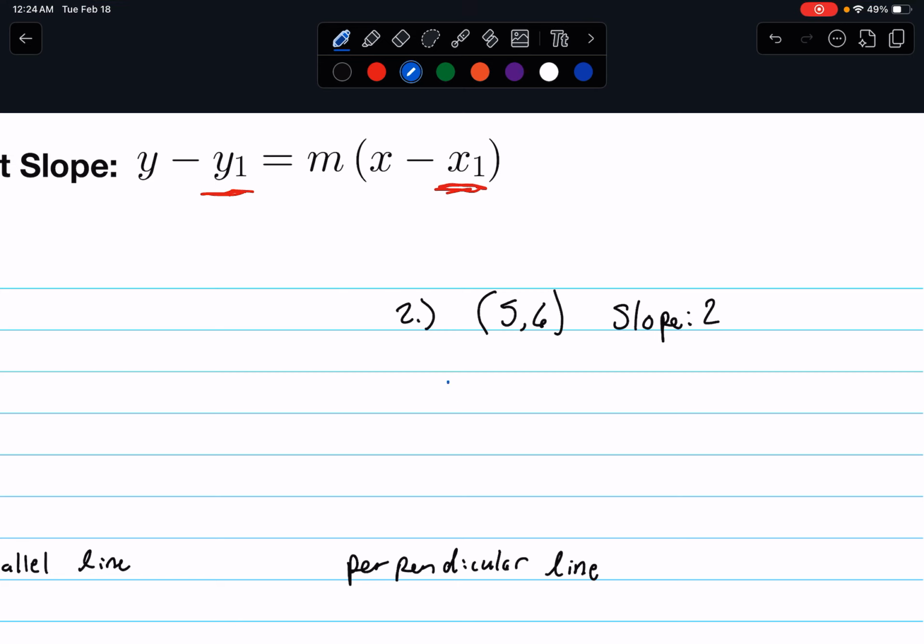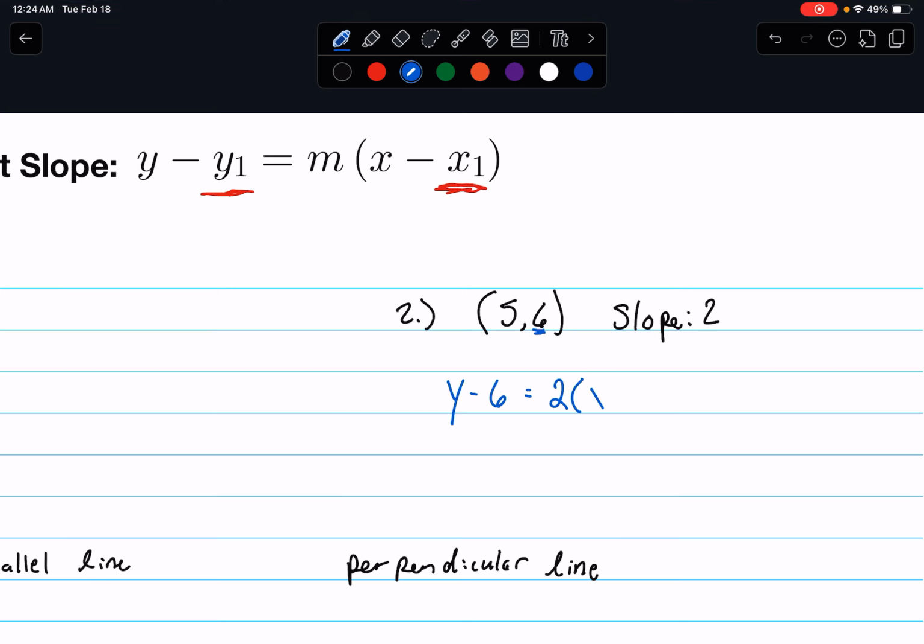So you're going to start off by writing y, and then it's minus. Well, our y is 6, so it's going to be y minus 6 is equal to. And now that m, remember that m stands for slope. We just said our slope was 2, so you're going to put a 2 and then a parenthesis.